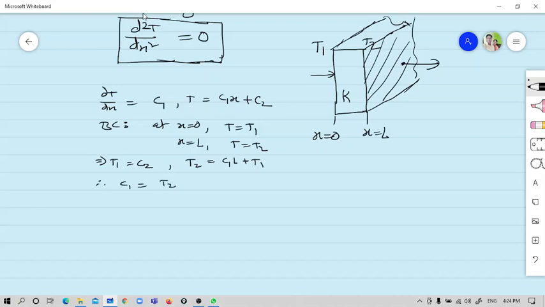It is T2 minus T1 divided by length L. So substituting this arbitrary constant here, you will get T equal to T2 minus T1 divided by L into x, plus C2 equal to T1. So this is called the temperature distribution equation.